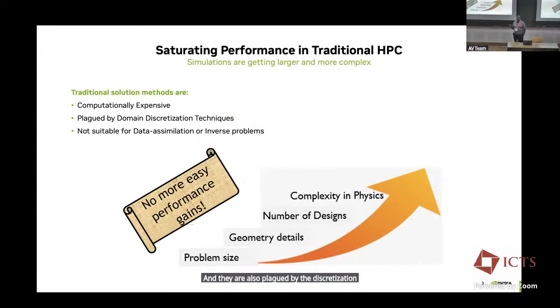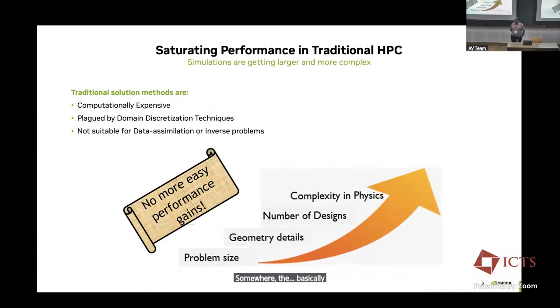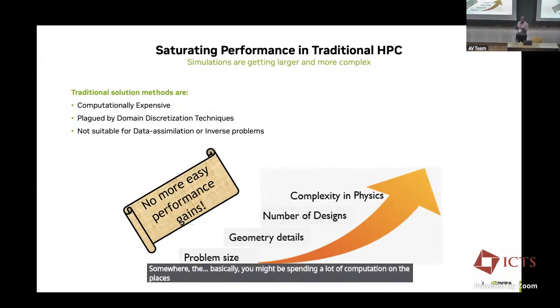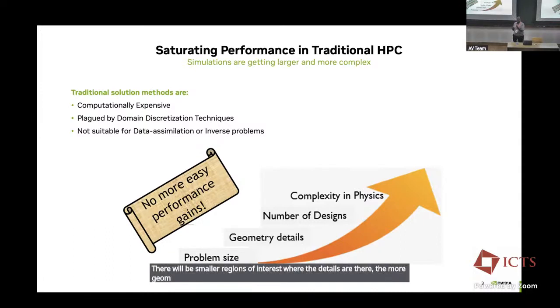And they are also plagued by the discretization techniques. As I said, you have to go to finer scales, and with that discretization you might be spending a lot of computation on regions of no interest. There will be smaller regions of interest where the geometric details are, because you wanted to capture that.